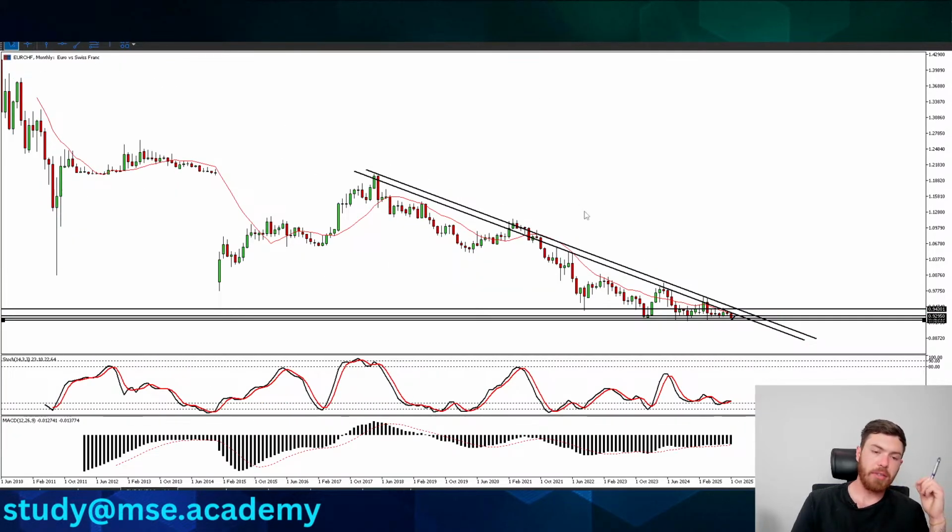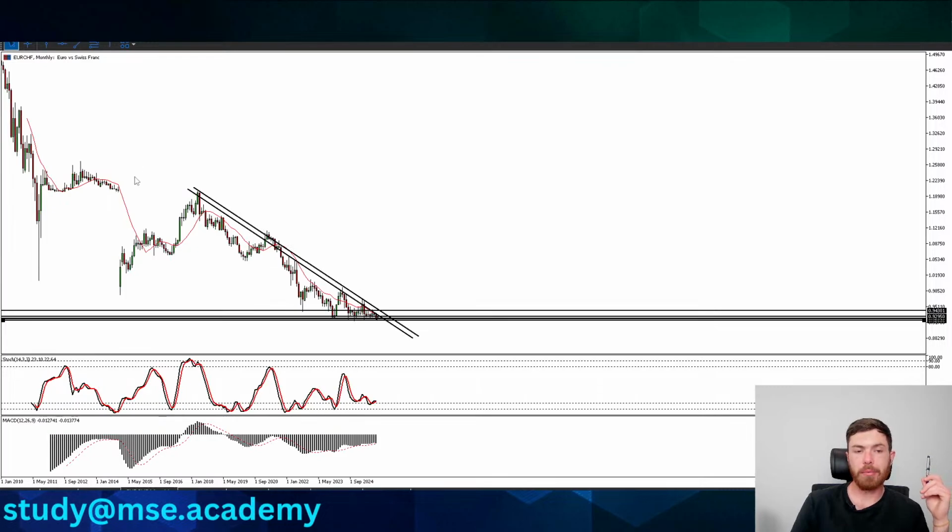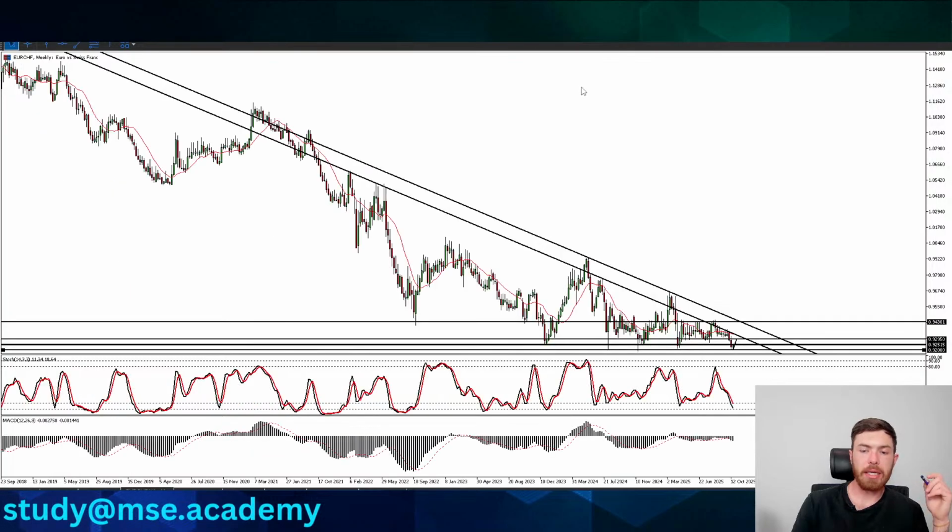Another one, however, is that you can see the MACD is losing momentum. Now, of course, it would be losing momentum because you're having lower highs and the same lows, but you can see on the weekly as well, every time the market has tested this level, you can see less and less momentum in the market, which means volume is collapsing in.